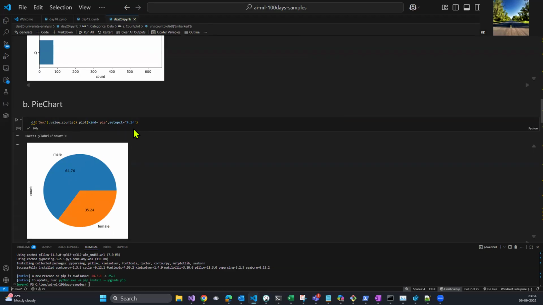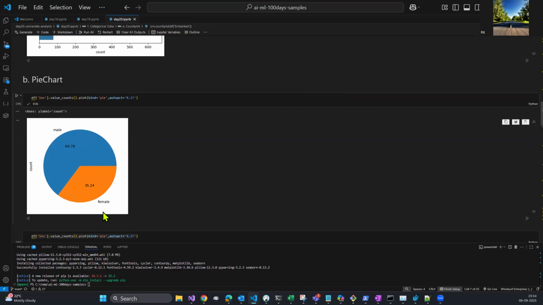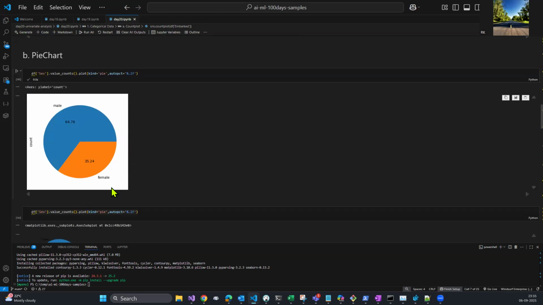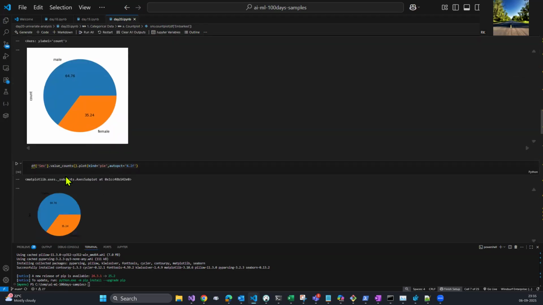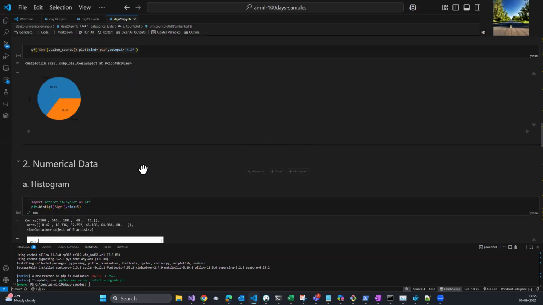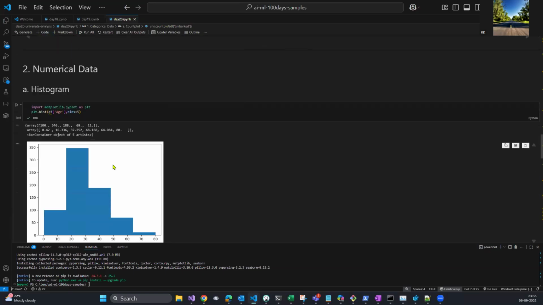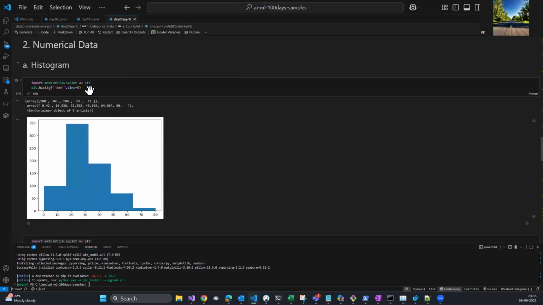Here we are showing that we have 64.76% male and 35.24% female. And for numerical data, we can do exploratory analysis, for example, by having a histogram.